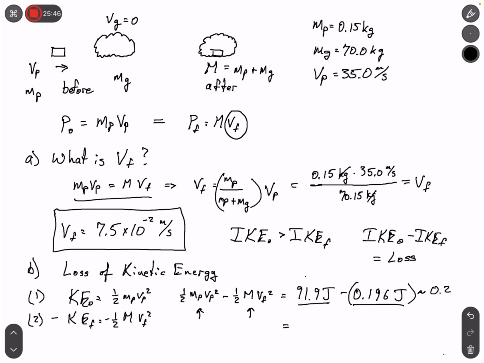So if we subtract off 0.2 from 91.9, we've got 91.7. So our delta KE, minus delta KE, is equal to 91.7 joules. We lost 91.7 joules in the collision.